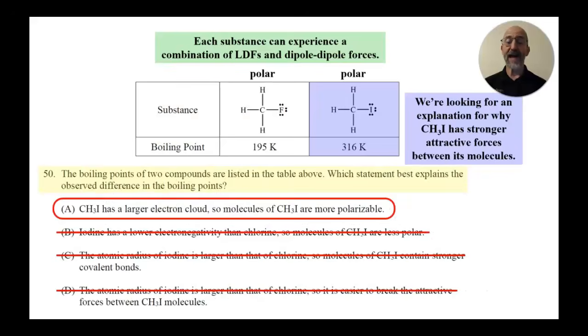Iodine has a larger electron cloud than fluorine. That means that the CH3I molecule has a larger electron cloud. So molecules of CH3I are more polarizable and they would experience stronger London dispersion forces, the attractive forces between the molecules. So the correct answer to question 50 is choice A.